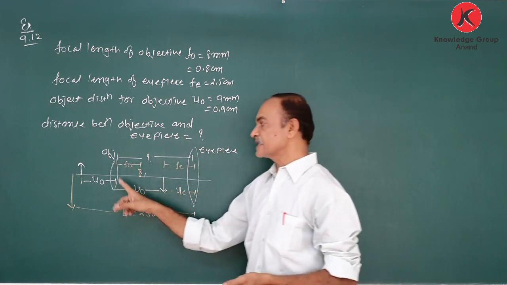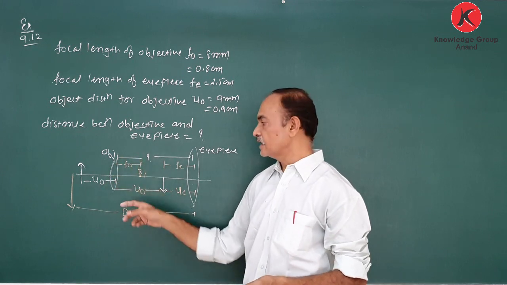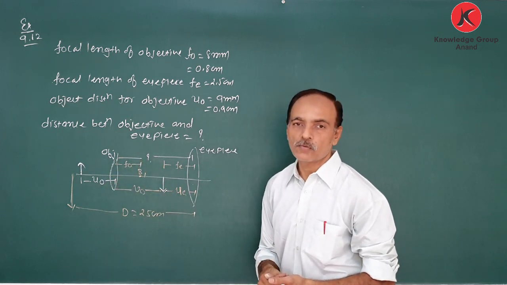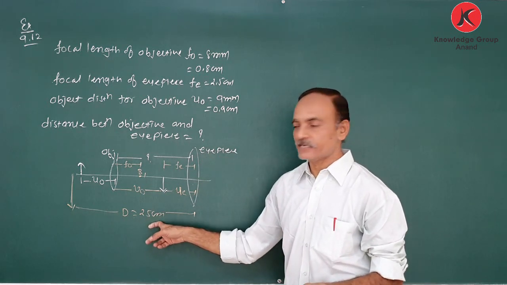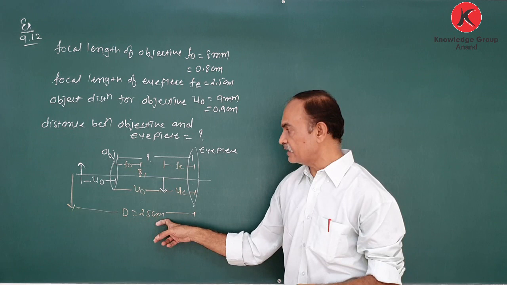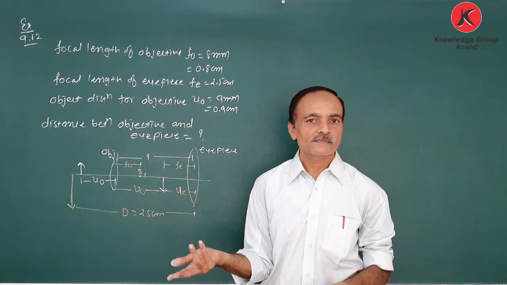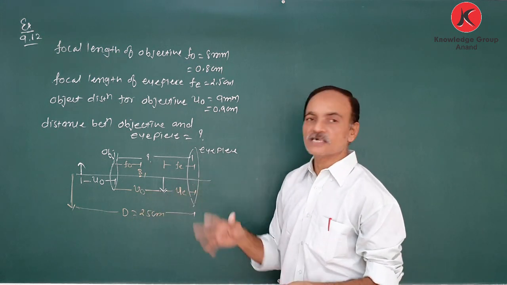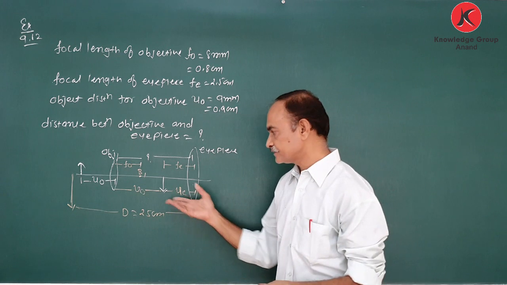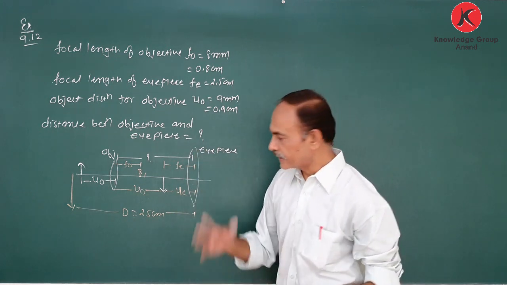So first we use the lens equation. F0, U0 are known, so we find out V0. For eyepiece, the final image is formed at near point. That means VE, FE are known, we can calculate the UE. Therefore, V0 plus UE gives our answer, the distance between these two.